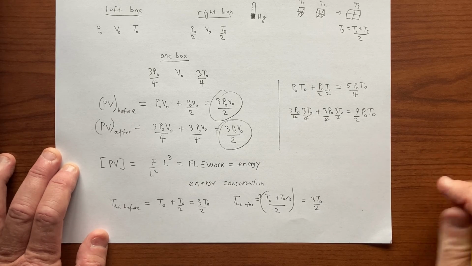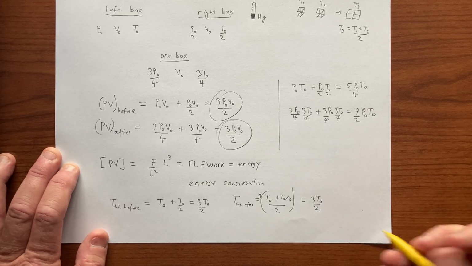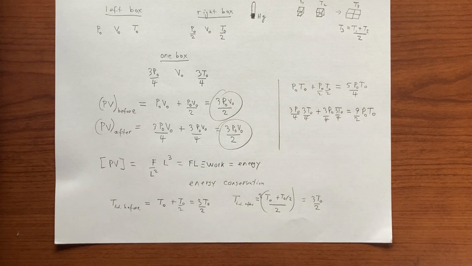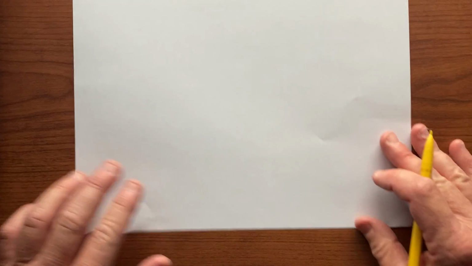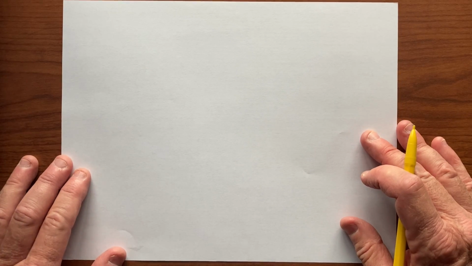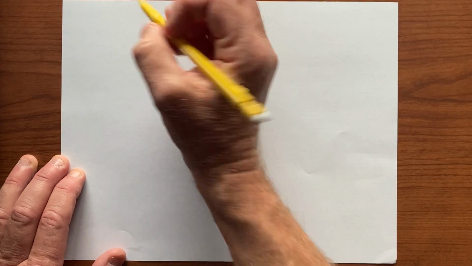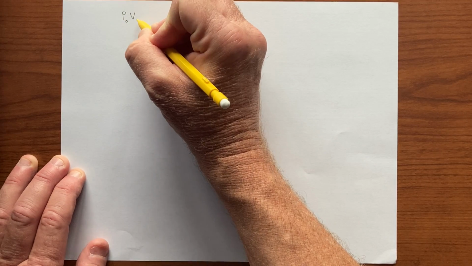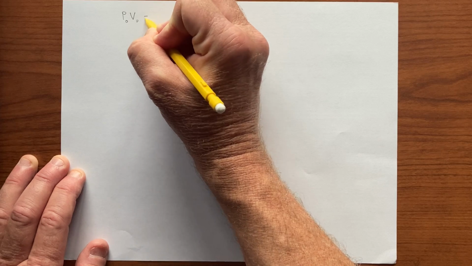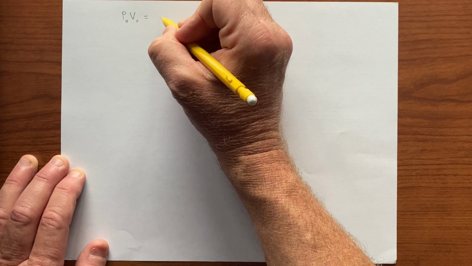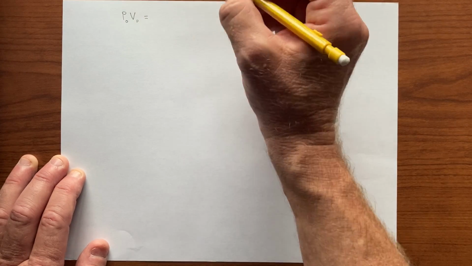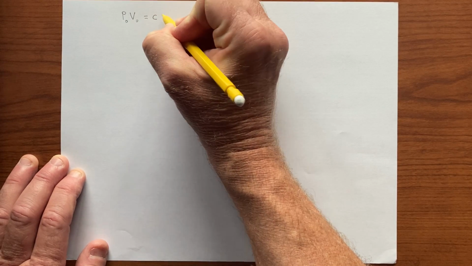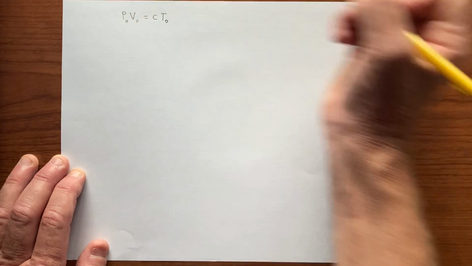And so what we see here, let's get another sheet, is that this quantity P times V, which for the box on the left initially is P naught V naught, is related. The conserved quantity can also be written in terms of that T, but there's some constant, so we can say something like that.